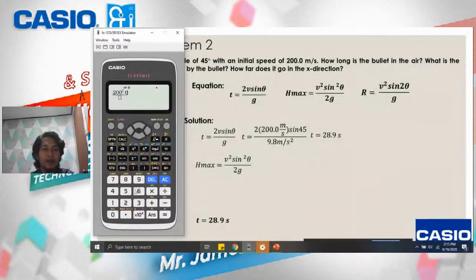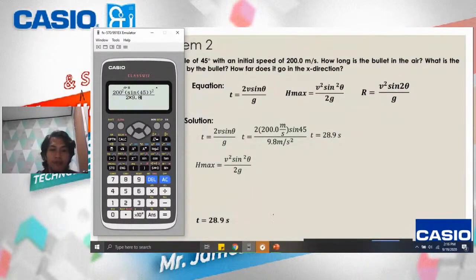Kasi sine square theta is equals to sine theta, tapos naka-square yung lahat. So 45, sine 45, close parenthesis para sa 45, and then i-close din natin siya kasi naka-square to yung buong sine 45, over 2 times 9.8. Sana parehas din sa aking final answer.